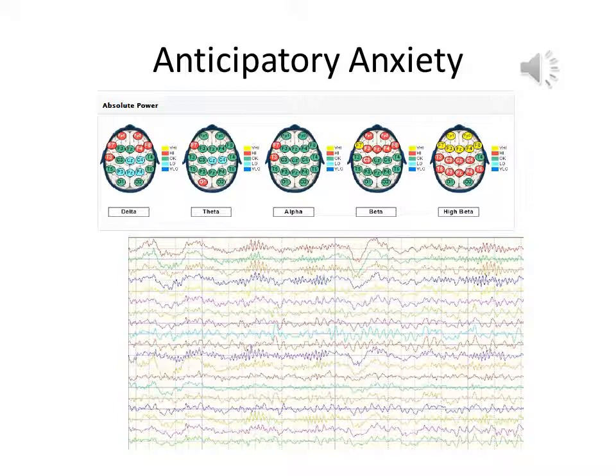Looking down at the raw EEG, which is a representation of this person's EEG in this map, we can see in the frontal leads a lot of beta spindling. Jay Gunkelman noted that this was a particular phenotype that is commonly found in EEG mapping, and this is one of them.